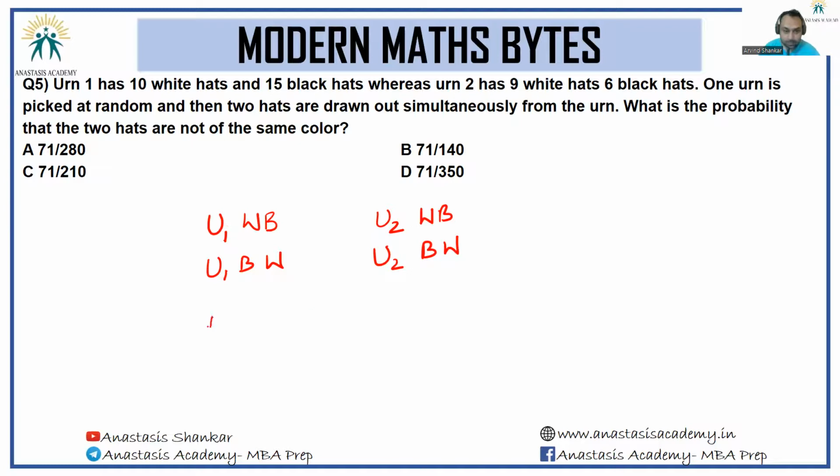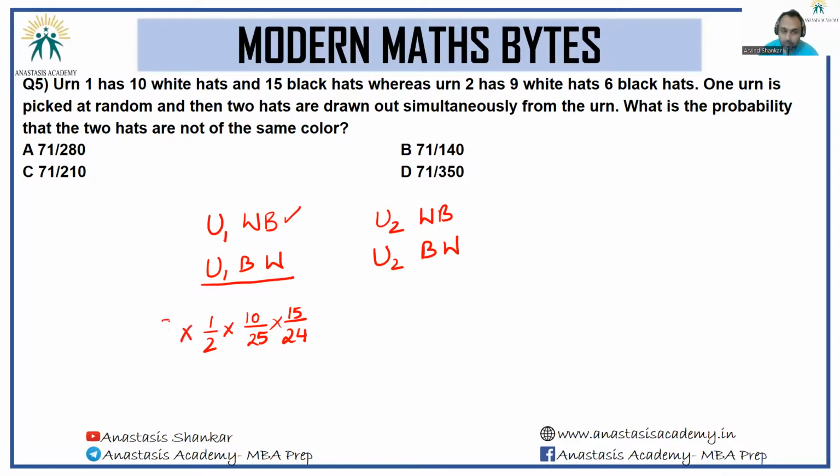Probability of picking urn 1 is half. Probability of picking white first is 10 by 25, and then you get 15 by 24. Hopefully you can see this is what we have done for the first case. Hopefully you can see in the second case, all you're doing is this 10 and 15 will switch locations within these fractions, but it is going to be the same.